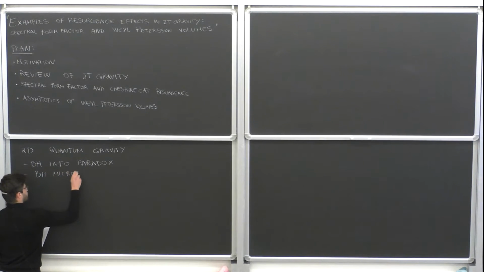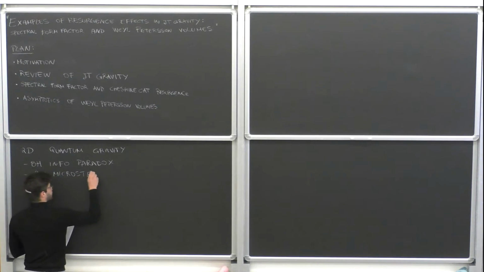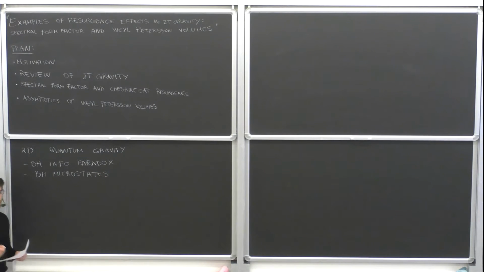So why do we study these problems in two dimensions? Because we have much more control over the theory, and we can perform our computations not only perturbatively, but including also non-perturbative effects, understand whether or not our ideas can solve these issues, and in case they are successful, try to uplift them to higher dimensions.